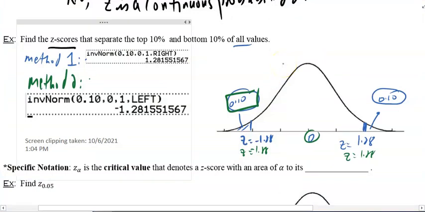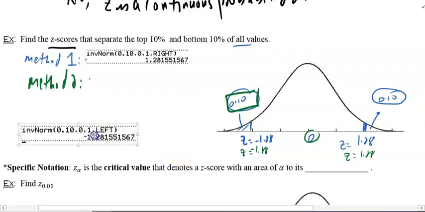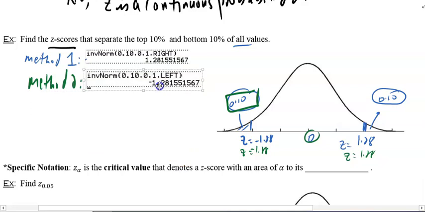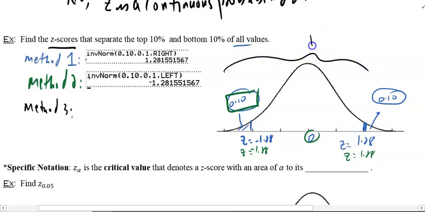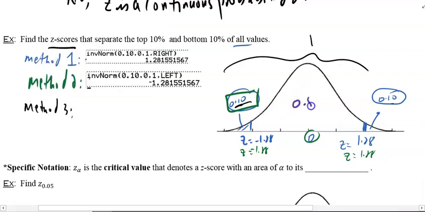And there is a third case. Now, all of these cases we're going to use, so that's why I'm showing you those. And we'll elaborate on that in our next class meeting. The third method is for you to say, well, look, this whole area is 1. If this is 10 and this is 10, wouldn't that make this 0.80?